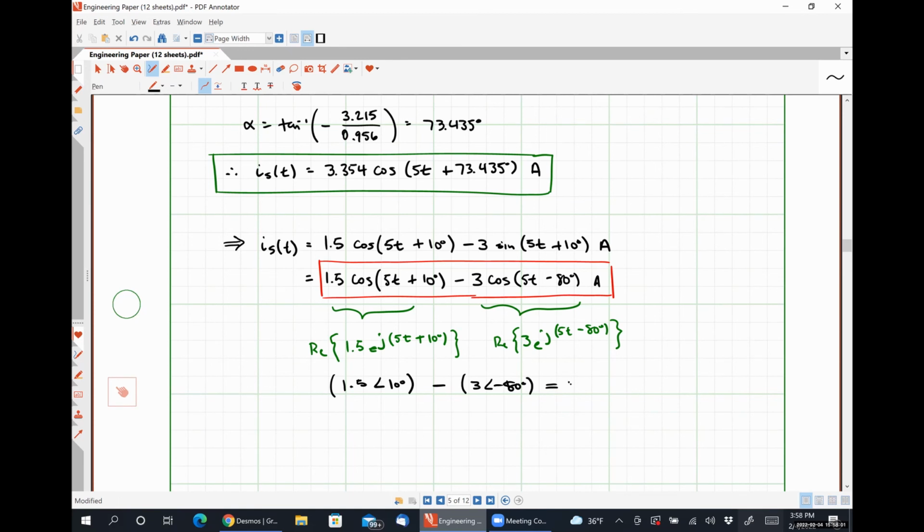3.354 with an angle of 73.434 or 435. 3.354 with an angle of 73 point what? 435. 435 degrees. All right. So it is not remotely a coincidence that we get the exact same magnitude and phase angle from doing that complex operation as we get doing all of that terrifying calculus and trig identities.